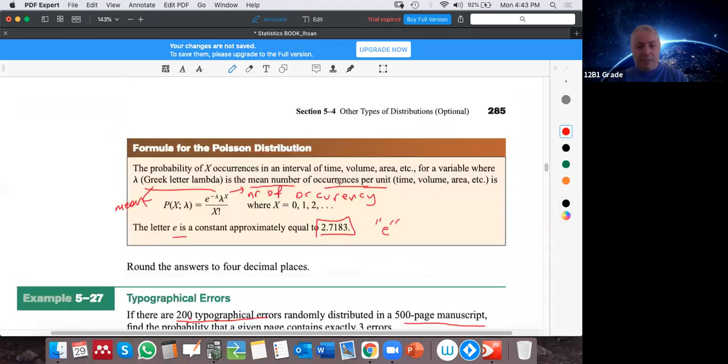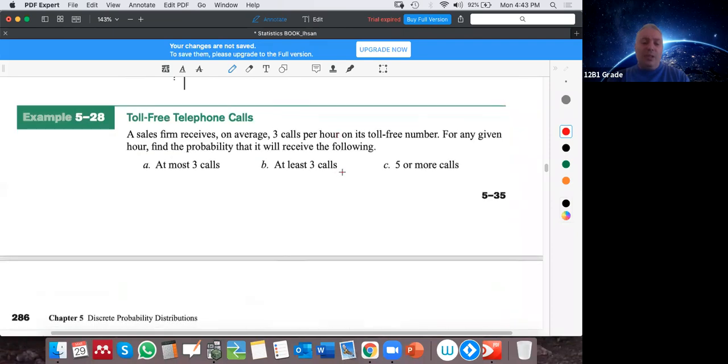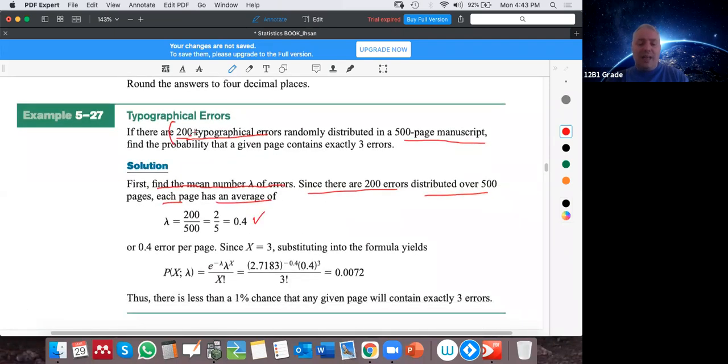Let us remember, what is lambda? Lambda is the mean number of occurrences per unit. So in my question, the error occurs 200 times. What will be the unit, or the mean per unit, for this?